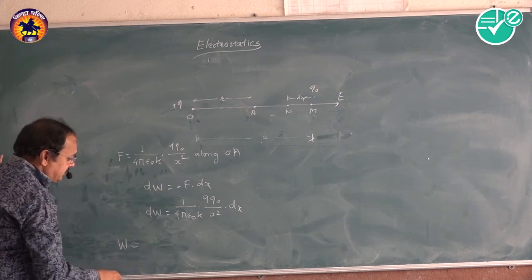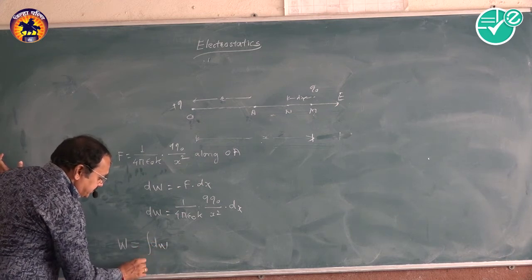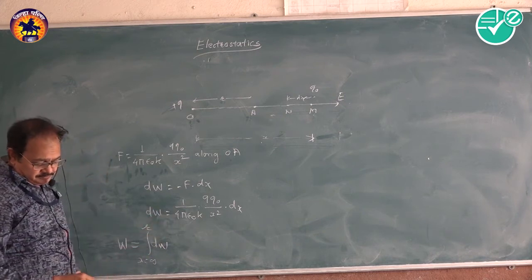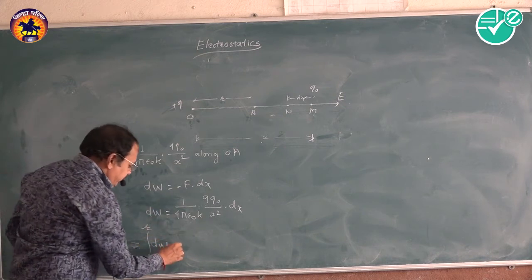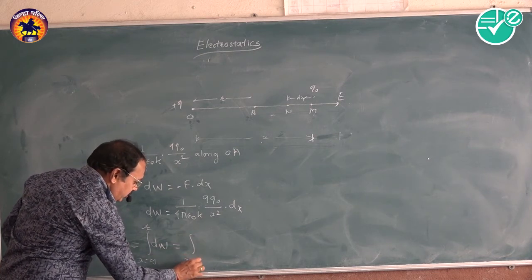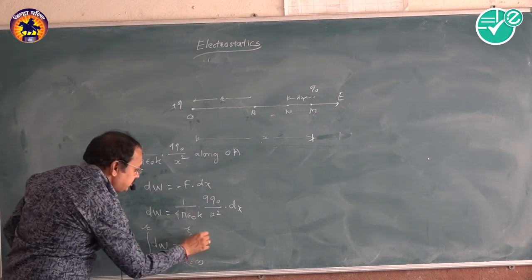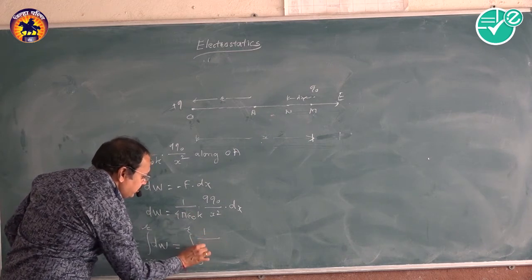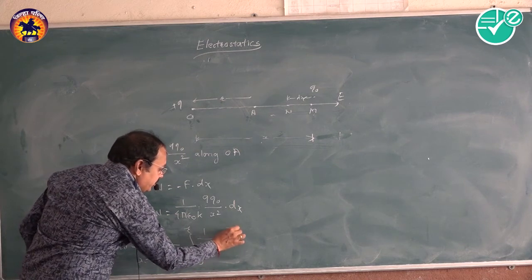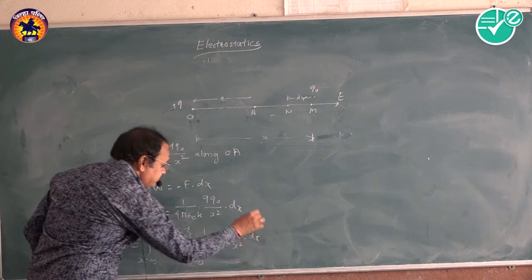Total work done is equal to the integration of dW, from x equal to infinity to R. The value of dW is 1 upon 4 pi epsilon 0 k into q naught upon x square into dx.